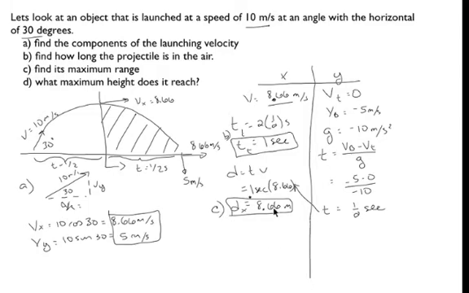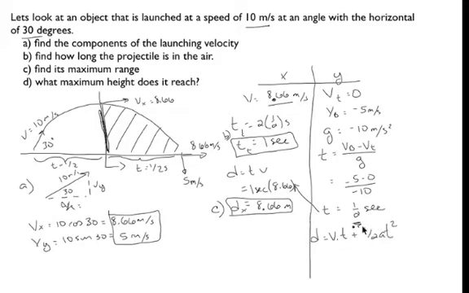Part D, we're looking for maximum height. Well, maximum height happens here at 1/2 of a second. So we can come back over and look at our linear motion equation, d is equal to vit plus 1/2 at squared.